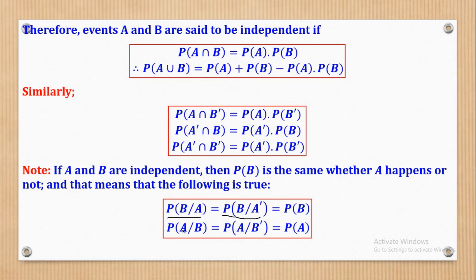Similarly, the probability of A when B has occurred and the probability of A when B has not yet occurred will be equal because we are dealing with independent events. You should note that this only works when the events are independent, and they will always specify in the question that the event is independent, or it is mutually exclusive like we saw, or it is exhaustive.